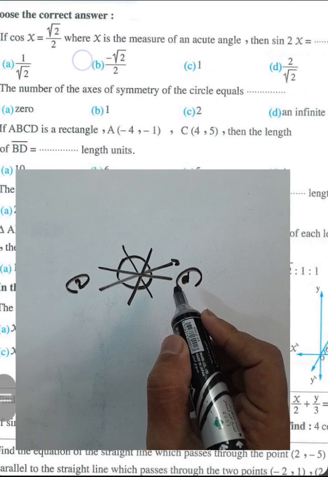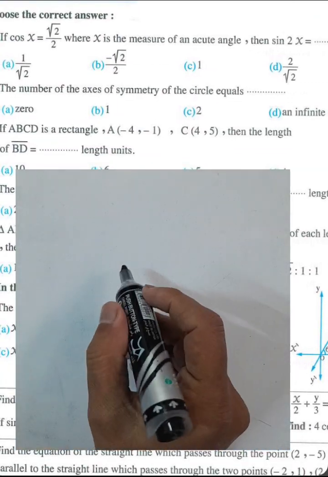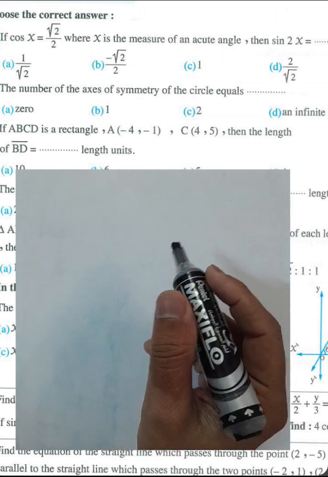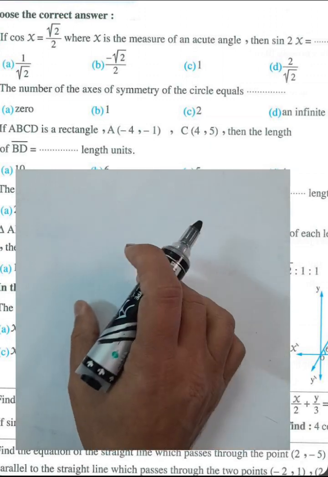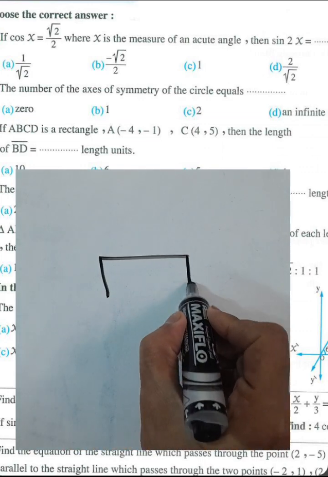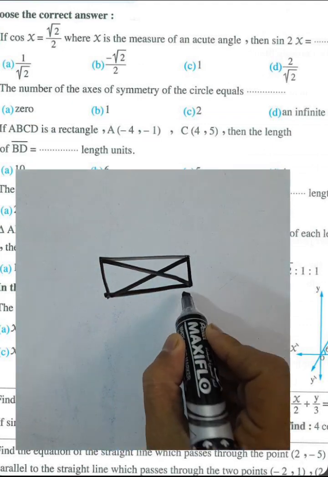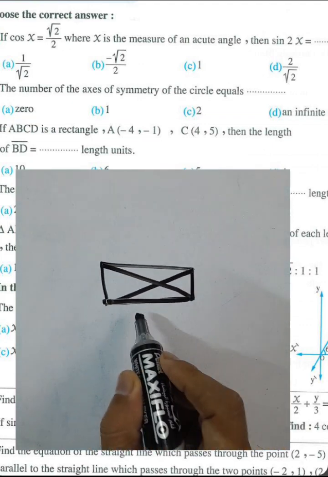Number 3, if EBCD is a rectangle, E is the ordered pair (-4, -1), C is (4, 5), then the length of BD equals. We have a rectangle, and one property of a rectangle is that the two diagonals are equal in length.